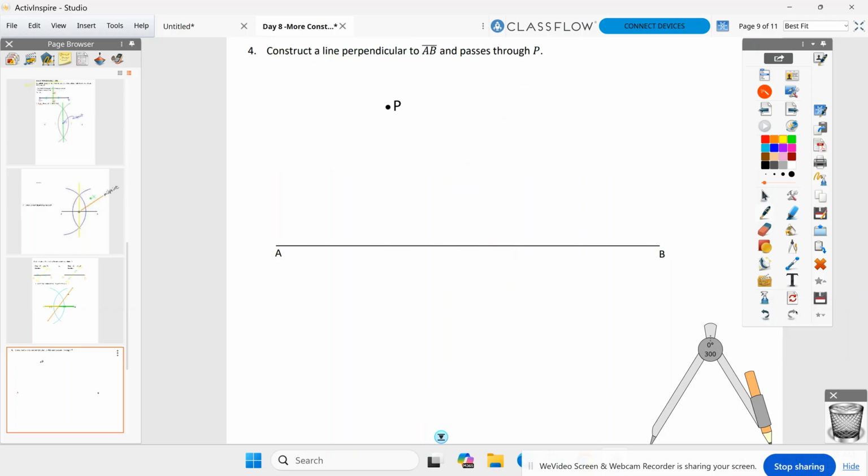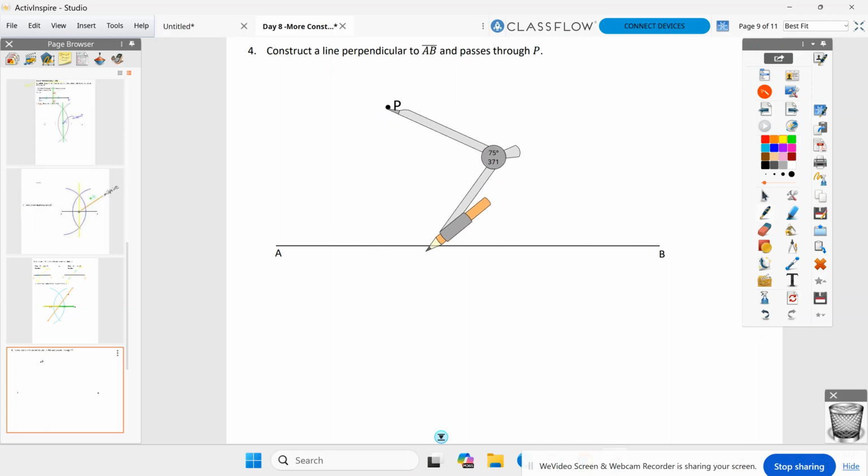Which means I need to show you a brand new construction. Are you ready? This is the happy and frown face. Here's why. Put your compass point on P, the point we're trying to draw it through. All right, now you got to play around here, honors kids, with your opening. You want to make an arc from point P that intersects AB in not one, but two spots.